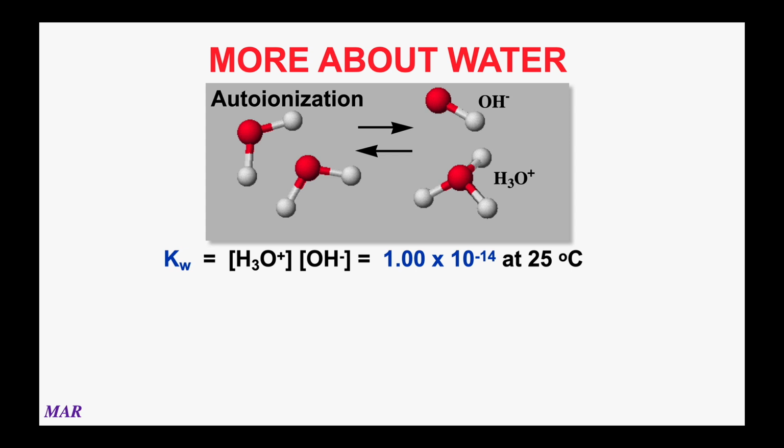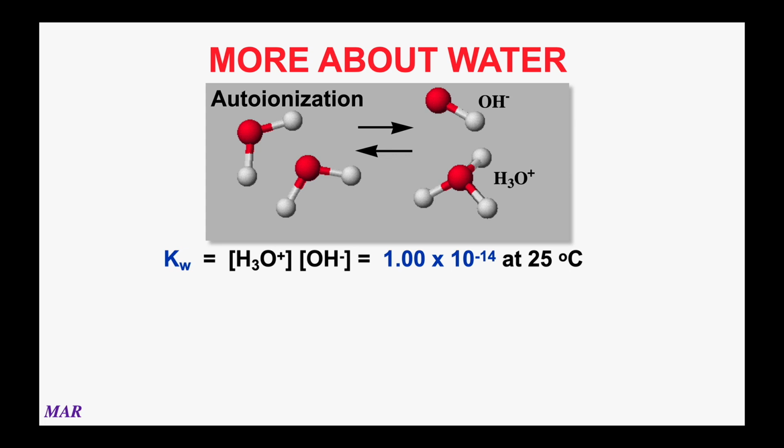So Kw is a type of equilibrium constant expression. And just like all equilibriums, it's products over reactants. We would have the hydronium ion times the hydroxide ion in the top part, but in the bottom part, because water as a liquid is the only species, which you don't put in K expressions, you would just have divided by 1. So Kw equals hydronium times hydroxide.